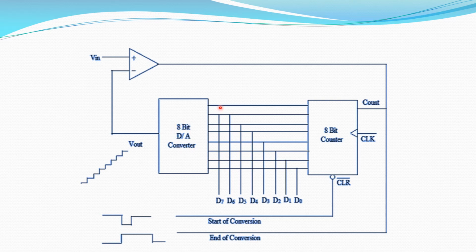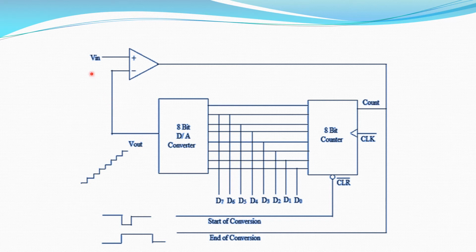And here we can see that there are 8 input bits corresponding to 0, 0, 0 up to this last one 0. So the output word of this 8-bit digital to analog converter is also 0. That is actually our V out. So initially V out equal to 0.